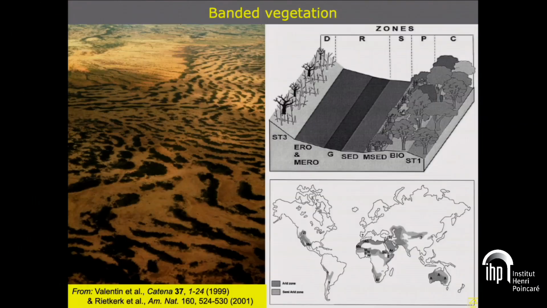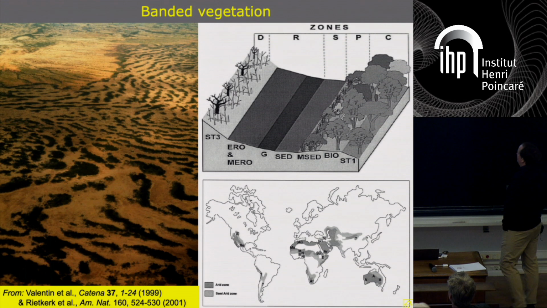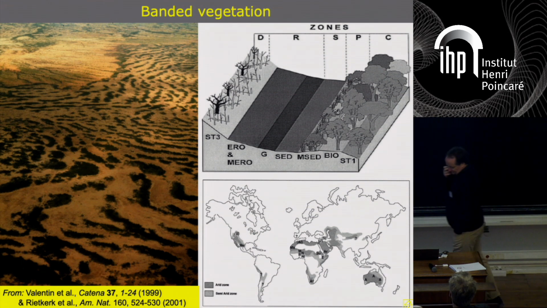Yet another example, and this will be my last one, is the classical one, which actually started a lot of work on this topic, basically 20 years ago. This is what is called tiger bush.